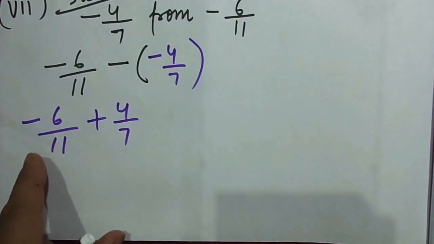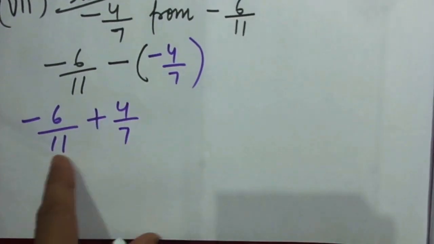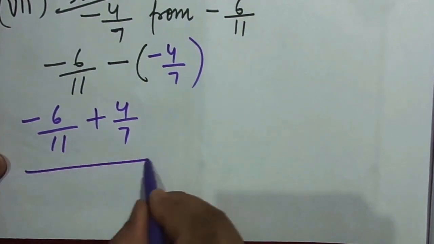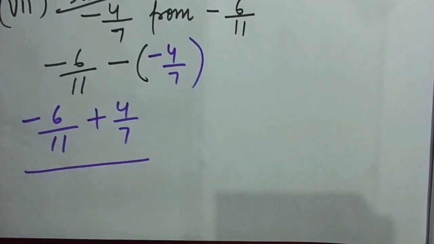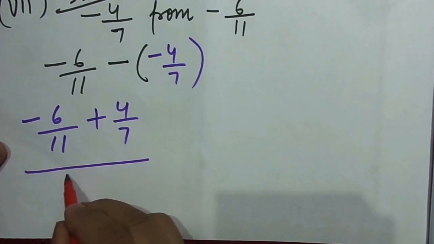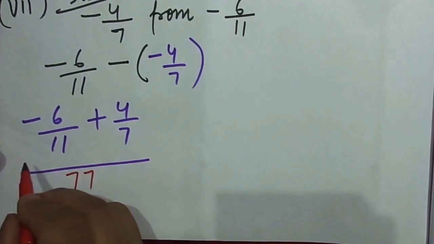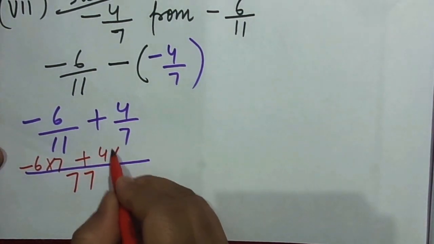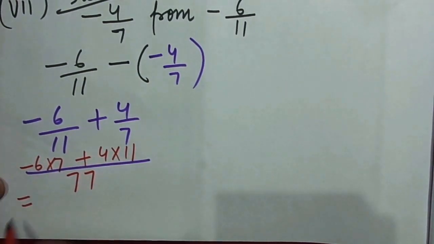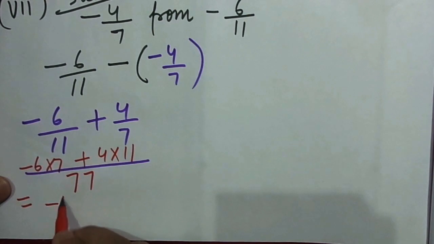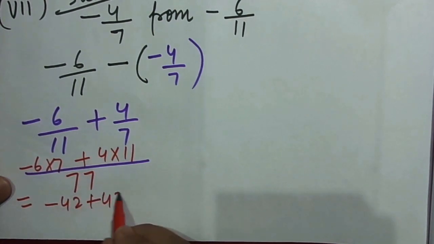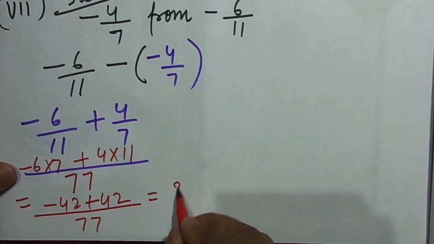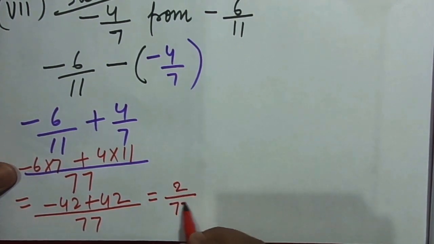I find that both of them have different denominators. So when they have different denominators, I have to take the LCM of 11 and 7, and LCM of 11 and 7 will be 77, isn't it? So minus 6 into 7 plus 4 into 11, which will be equal to minus 42 plus 44 by 77, equal to 2 by 77.